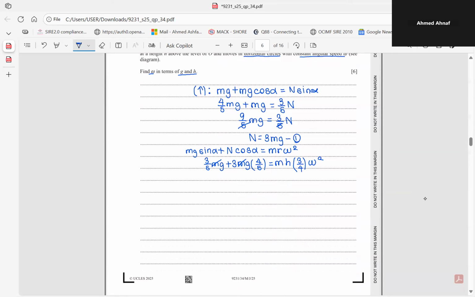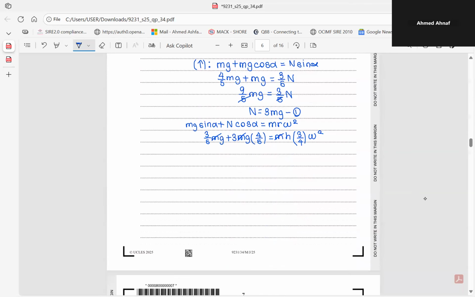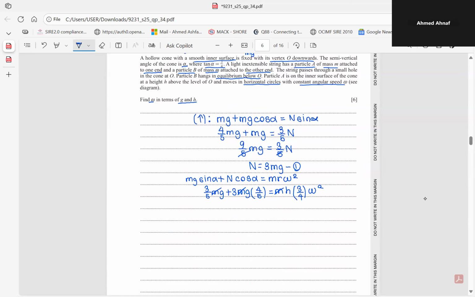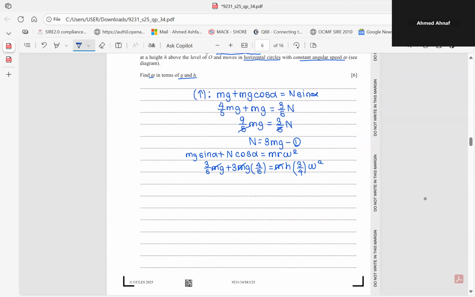So we can cancel out the m from both sides of the equation. Now we only have g, and we have to keep the g because the question told us to express in terms of g. So 3 over 5 g plus 3 times 4 over 5 g, you would get 3g. That is equal to 3 over 4 h omega squared. Now let's make omega squared the subject of this equation.